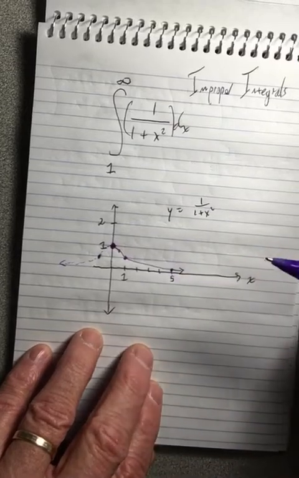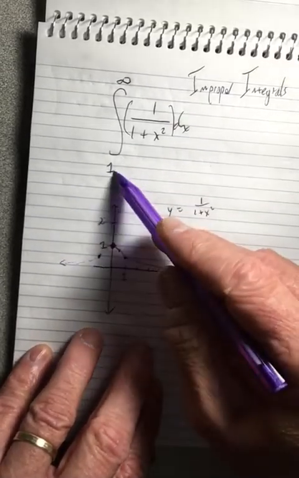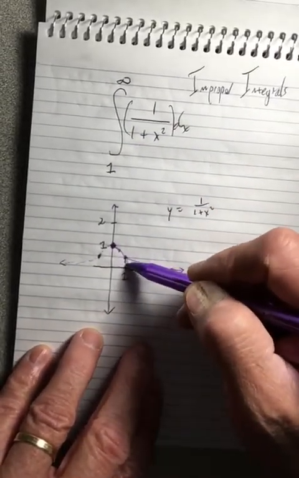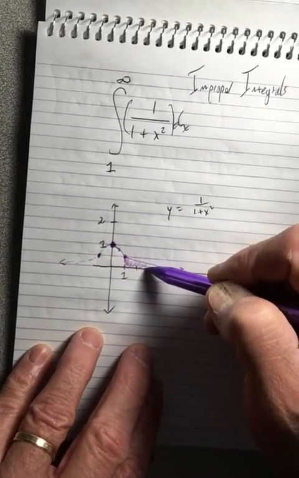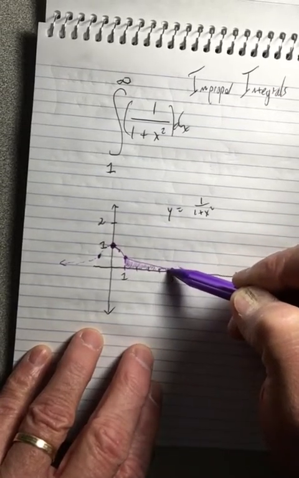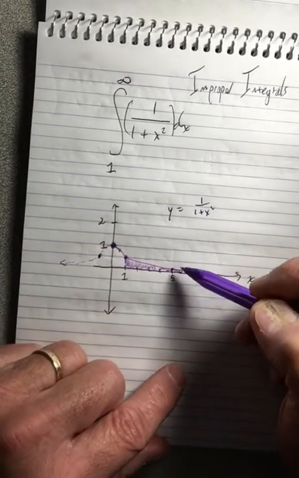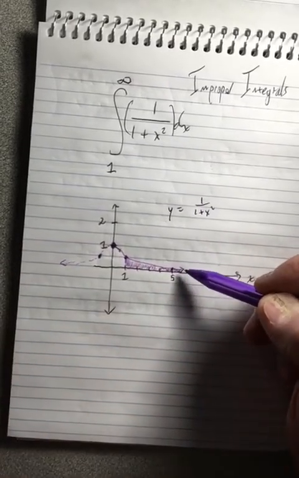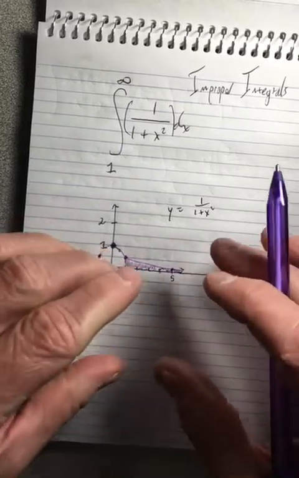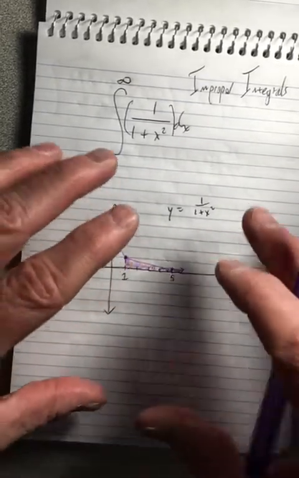I should have blown this up, but we're going from 1 to infinity, so I'm going to shade this area. It seems there's an infinite area, because even though the curve is so small that on my scale you won't be able to see the difference between 0 and the curve, as you go further out you have to blow it up more and more.